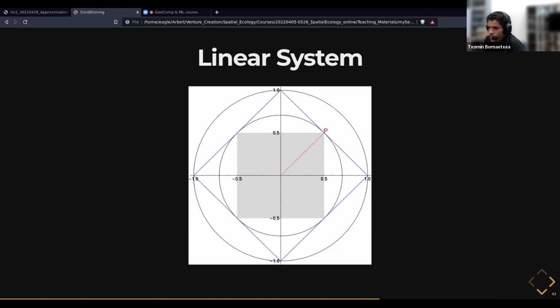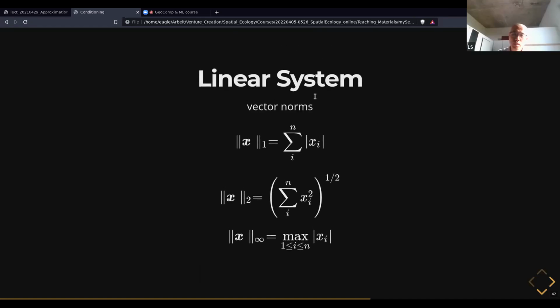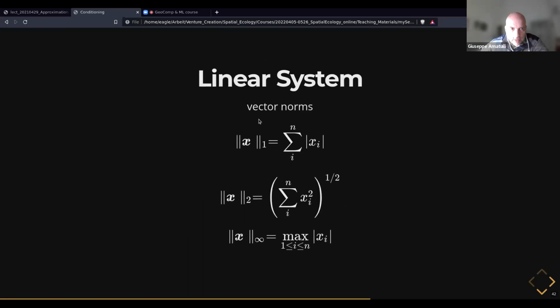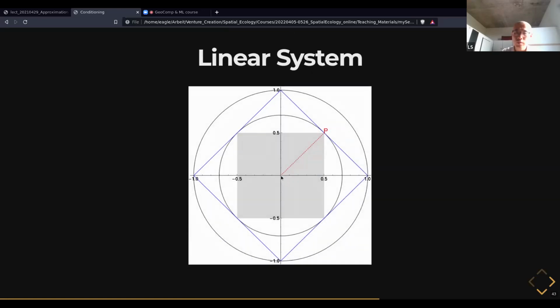Could you repeat the question, please? Yeah, I want you to calculate the 1 norm, 2 norm, and infinity norm for this point P. Which is the vector here, the red line? The vector is the red line, right? From 0 to P, this is a vector.